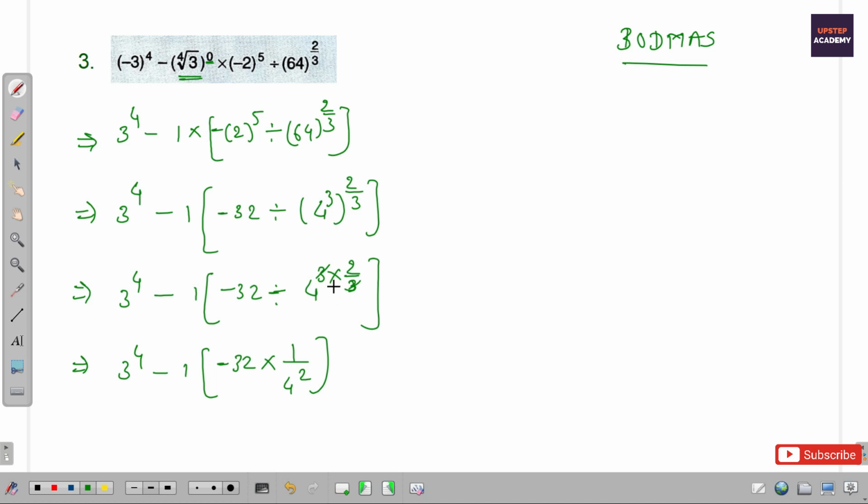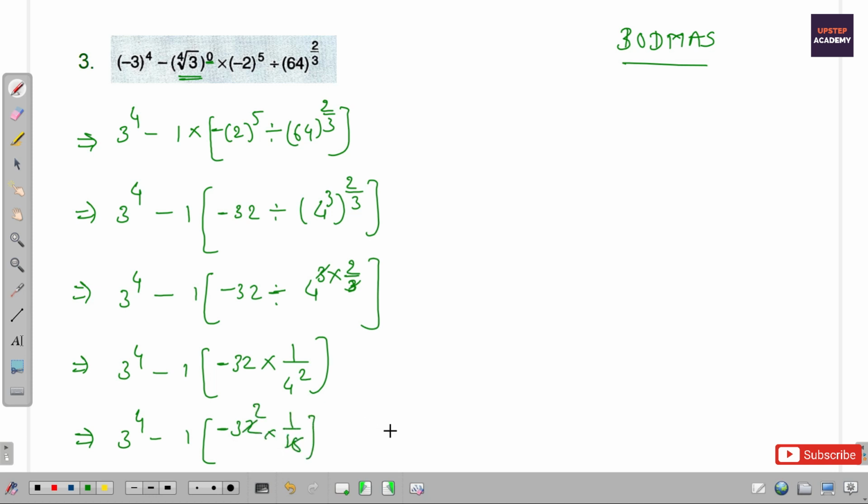Because here it is in the numerator, and when there is a division sign, if I convert this division sign into a multiplication sign, it will go to the denominator.